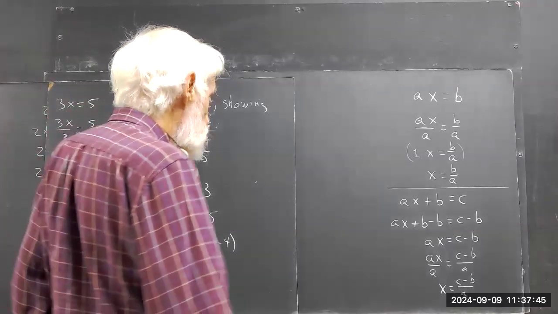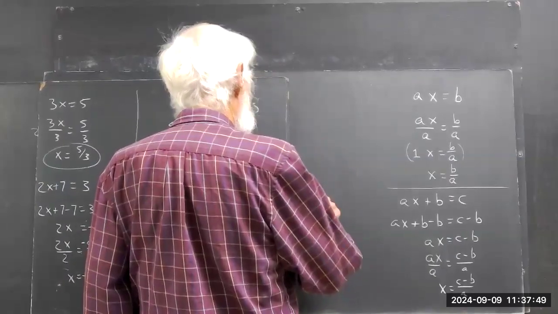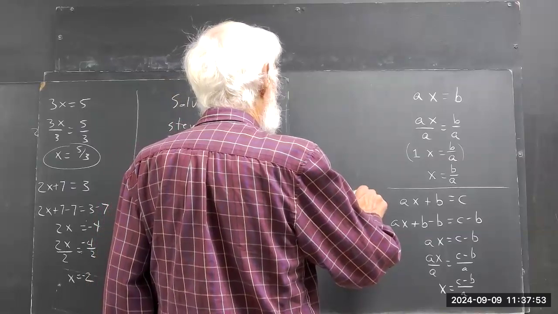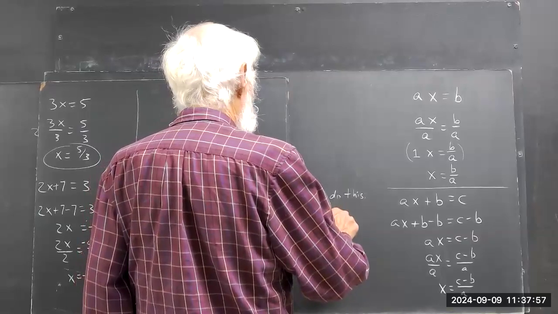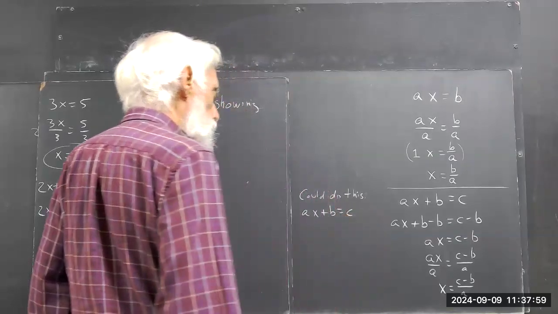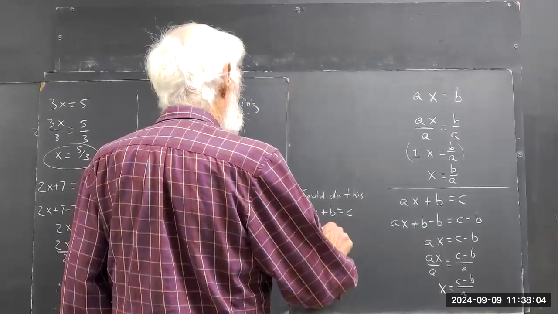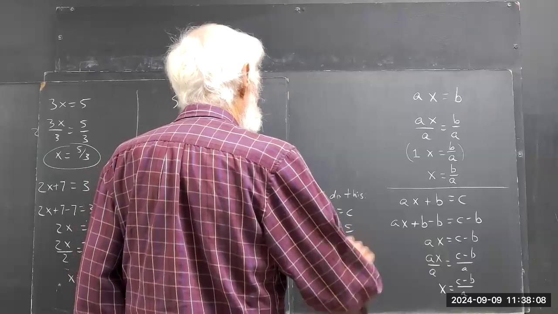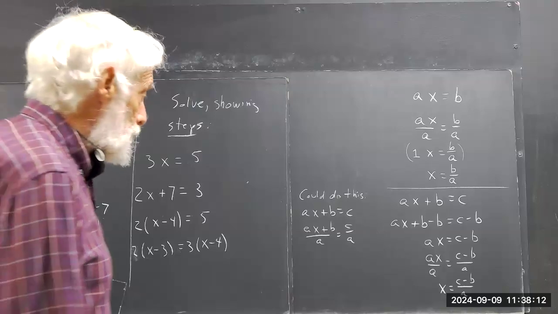If we could do this, AX plus B over A equals C over A. Okay. Now, what does that mean?